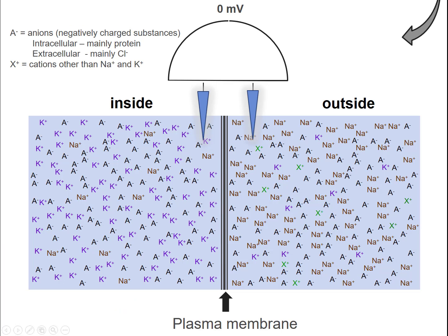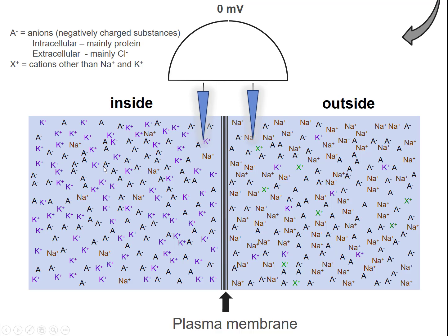Here we've zoomed in further and we're looking at the ion gradients in this hypothetical model system. We see that on the inside, there is high potassium and high negatively charged anions, which we said are mostly proteins in this inside compartment.